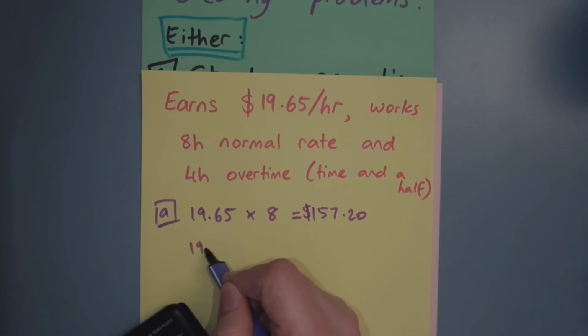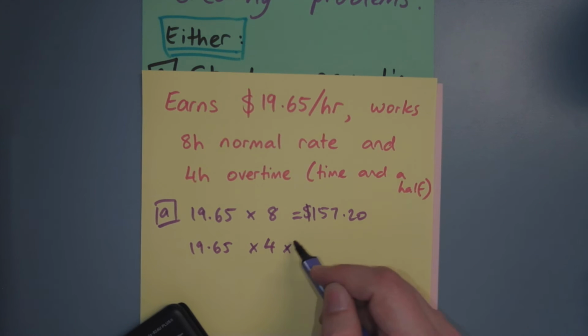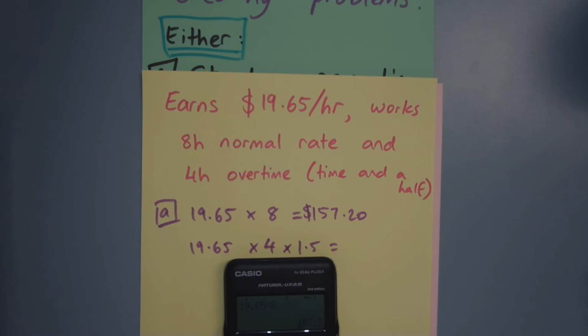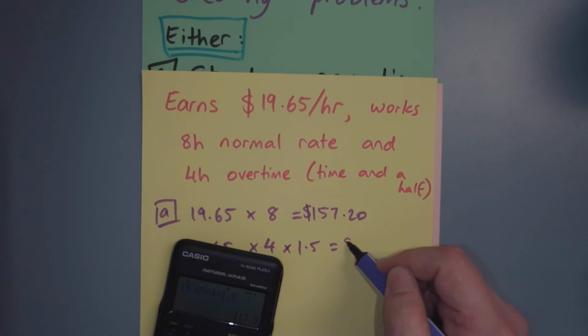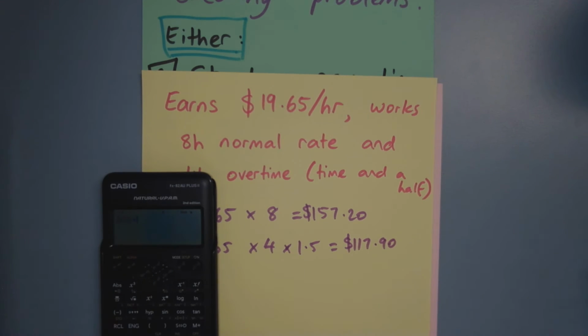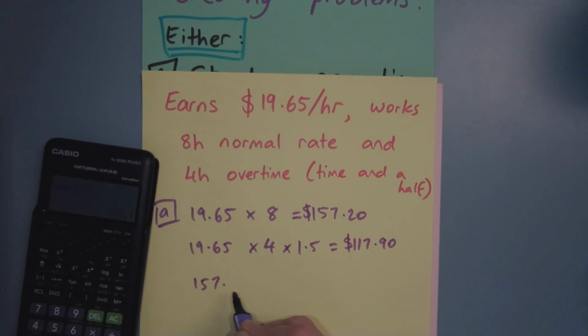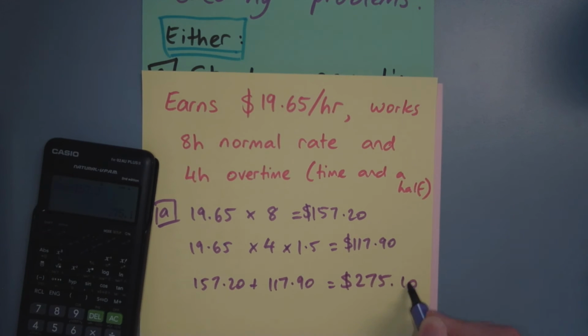And I've got $19.65 times the 4 hours of time and a half, and that was $117.90. And when I add those together, $157.20 plus $117.90 is $275.10. That would be a correct way to do it if you wanted to work out the separate things and then put them together.